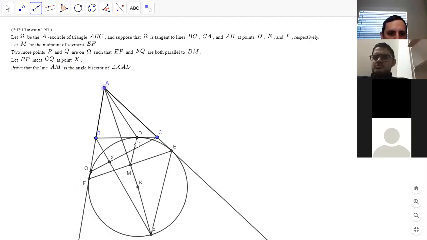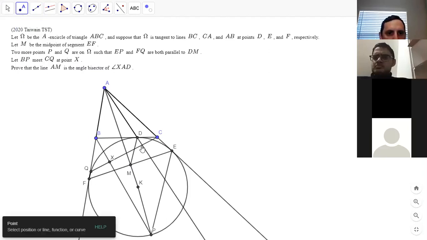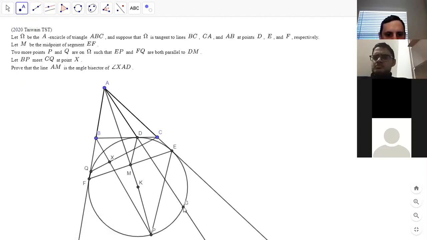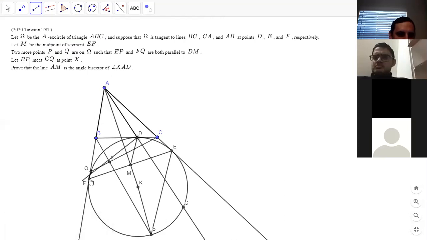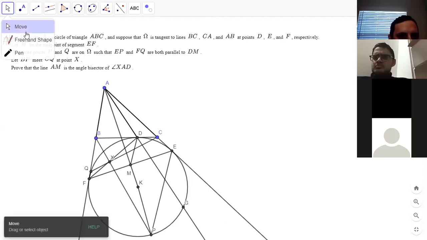So yeah, maybe I could draw this. Are D, X, and F collinear? Looks like they might be. Not symmetric.